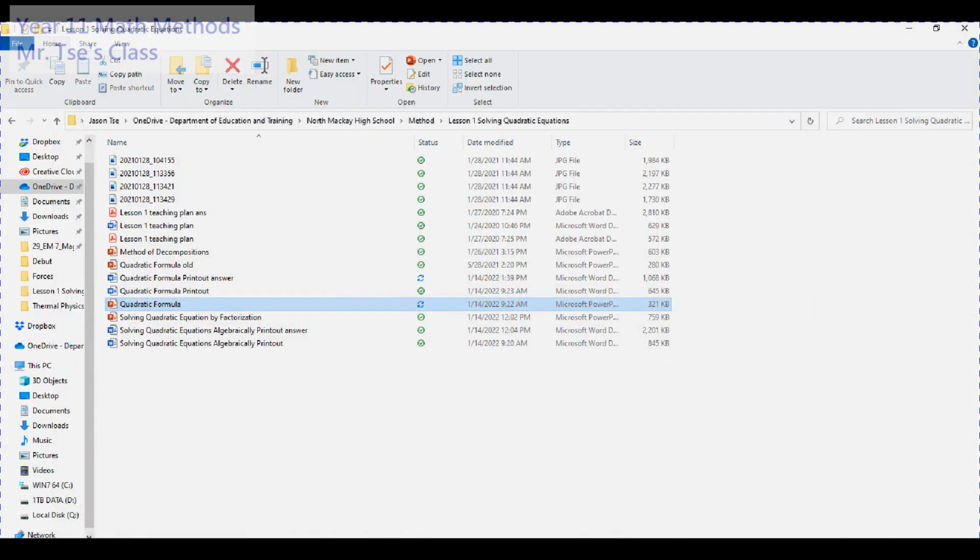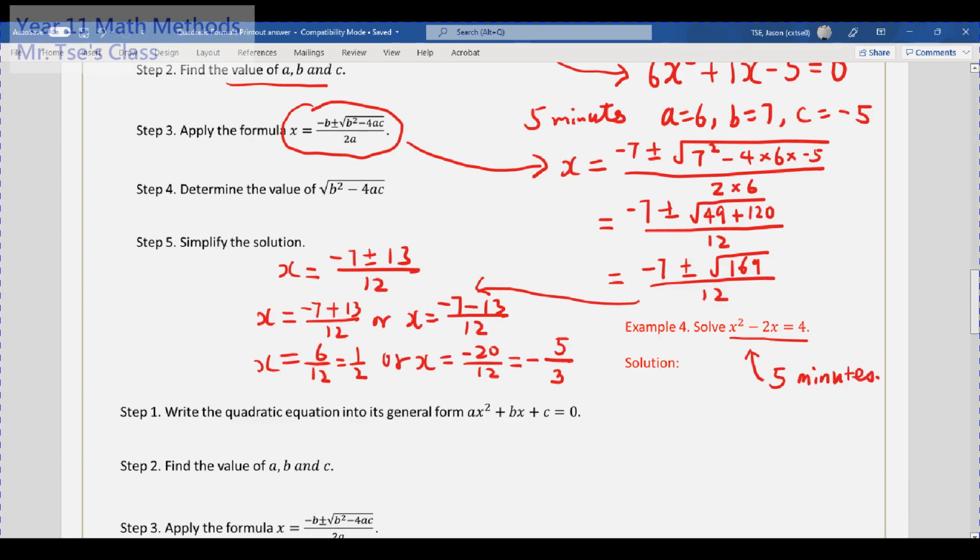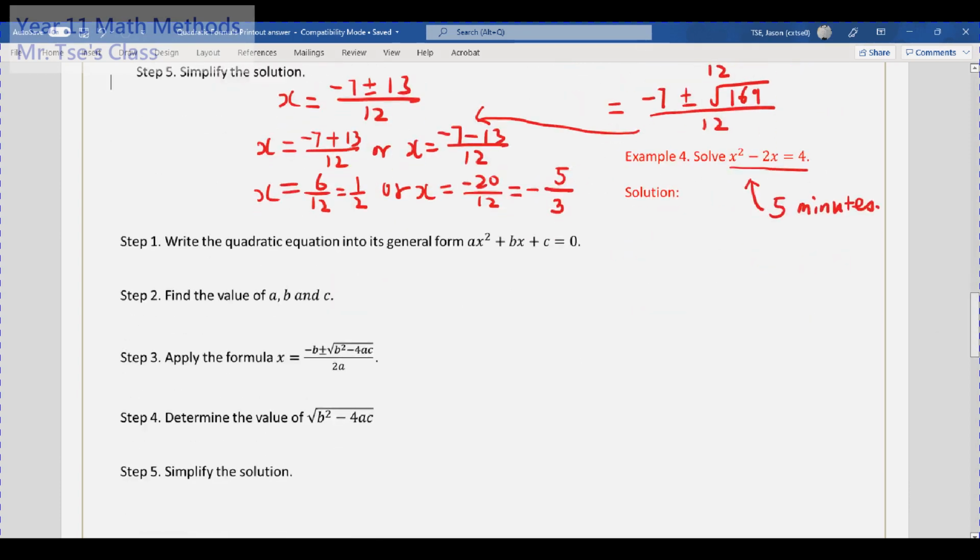Okay, let's go back to the question. First of all, this equation is not in the general form, so you need to get the general form by moving terms. The question is about x squared minus 2x equals 4. Then I move that 4 to the left hand side to make it into the general form.